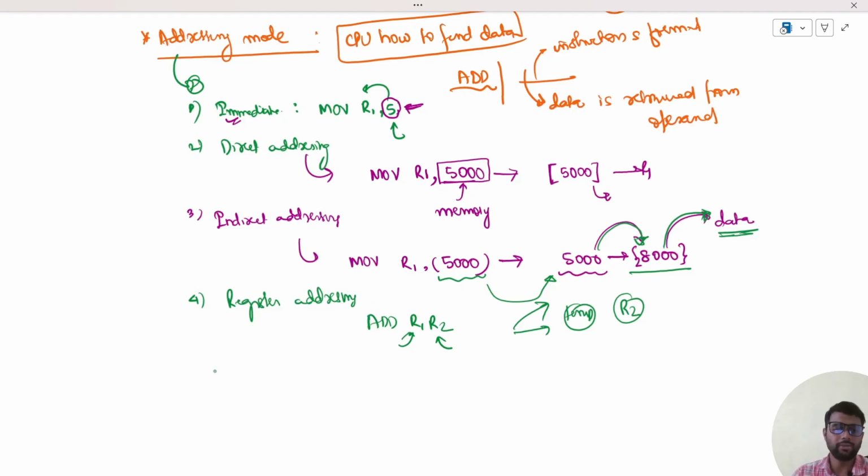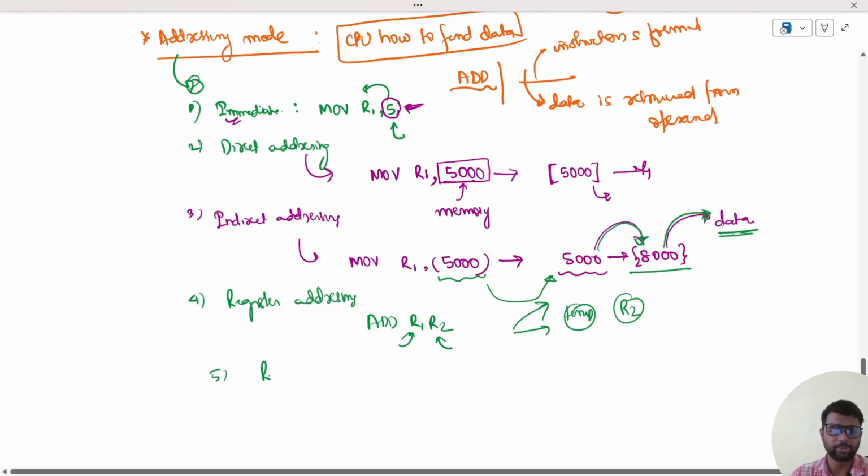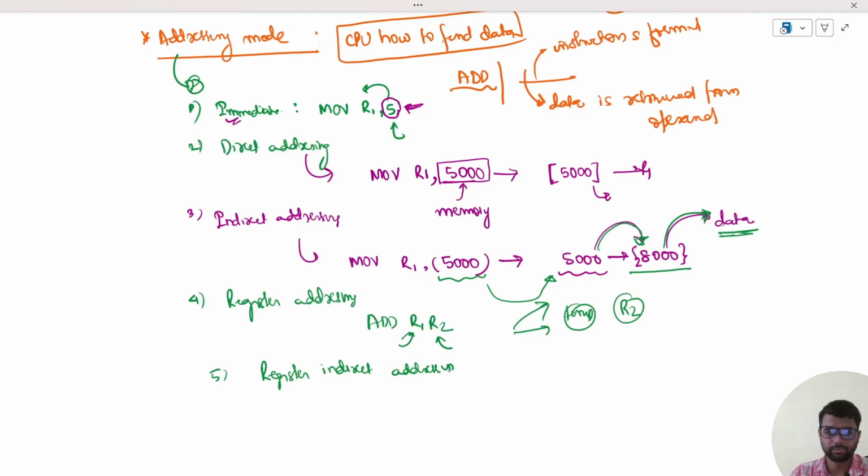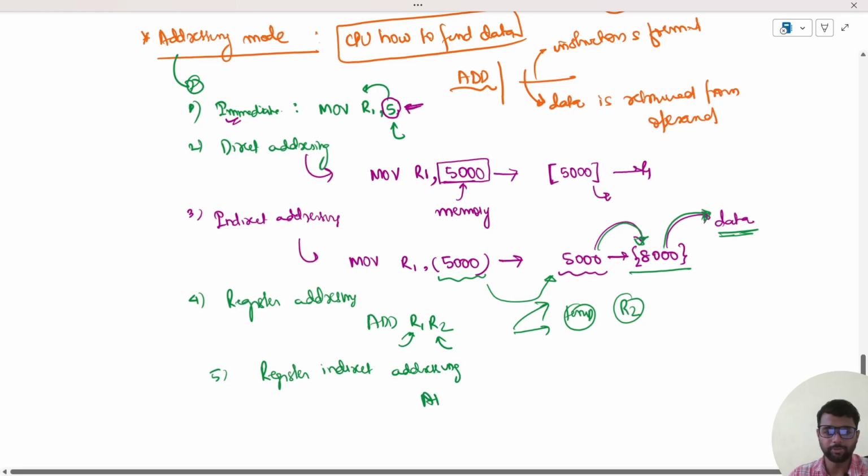Okay. Now next we have the register indirect addressing. Here, for example, you can say add R1, and R2 will be written in small brackets.